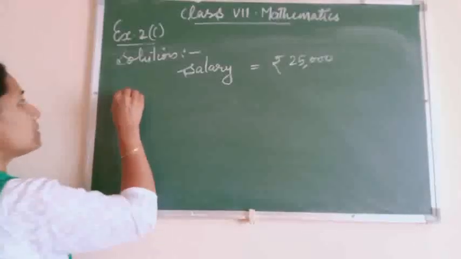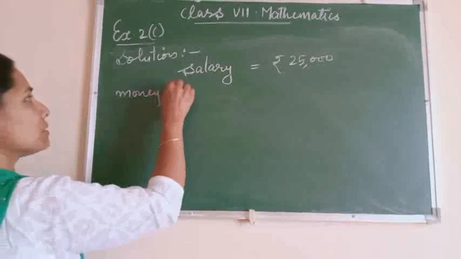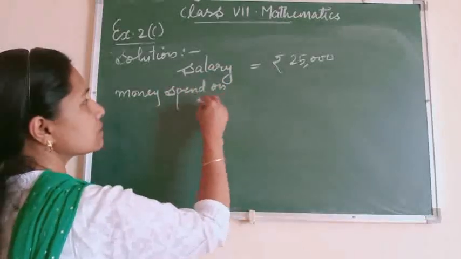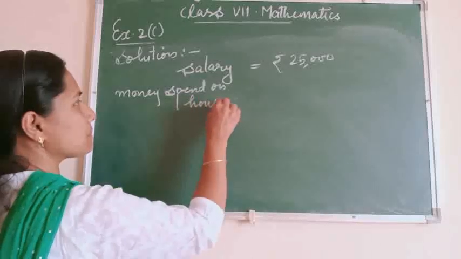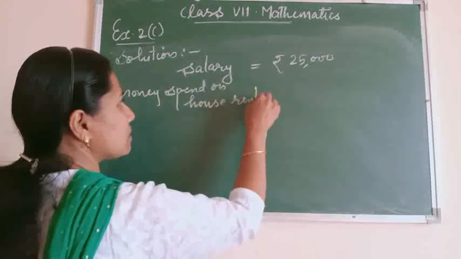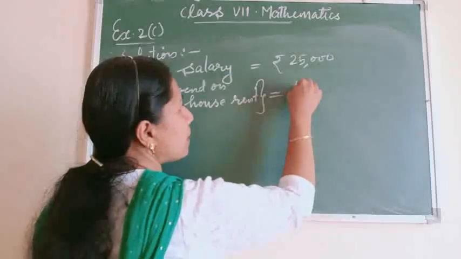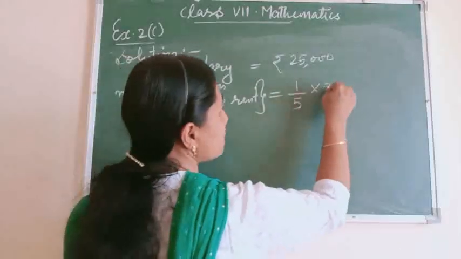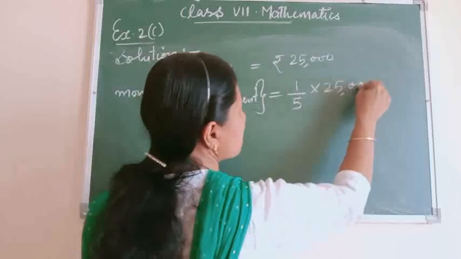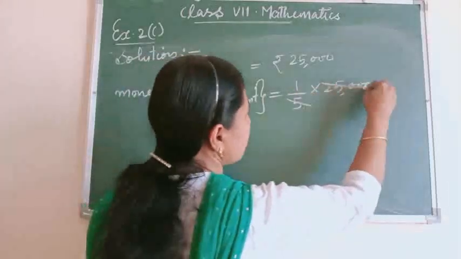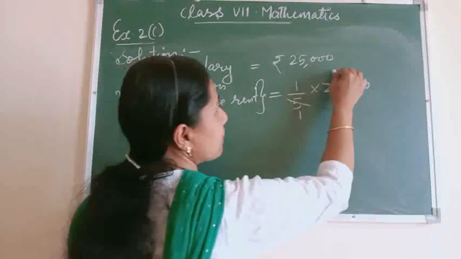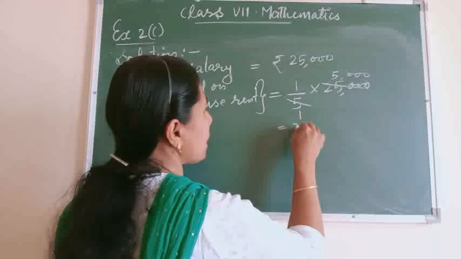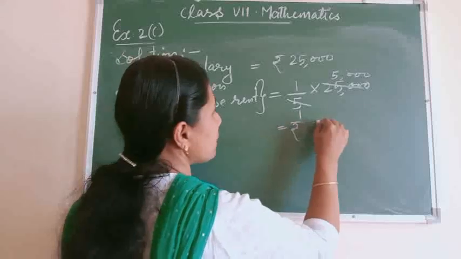So we are finding out the money spent on house rent, that is equal to 1/5 of 25,000, multiplied by 25,000, and this we are cancelling. Here 1, 5 5s are 25, and these 3 zeros. So money spent on house rent is rupees 5,000.